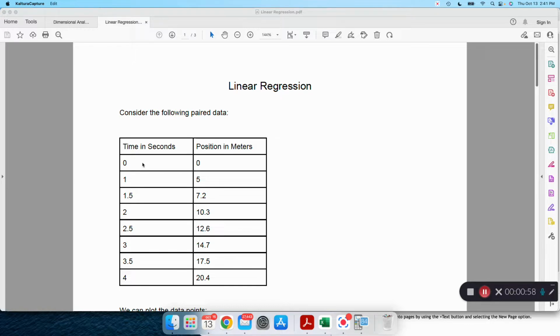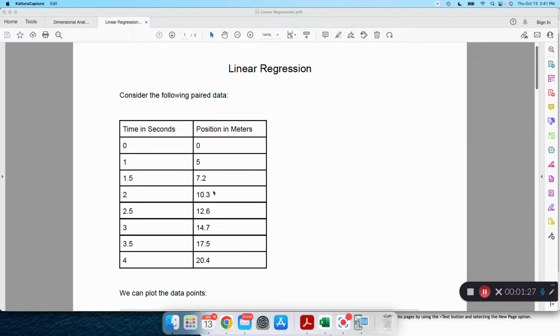Anytime time is one of your variables, it's pretty much always going to be your independent or explanatory variable. So we're going to go with the assumption here that our position depends on time. So time will act like our x and position will act like our y. And we'll measure these in t and x instead of x and y. But you can think like x and y.